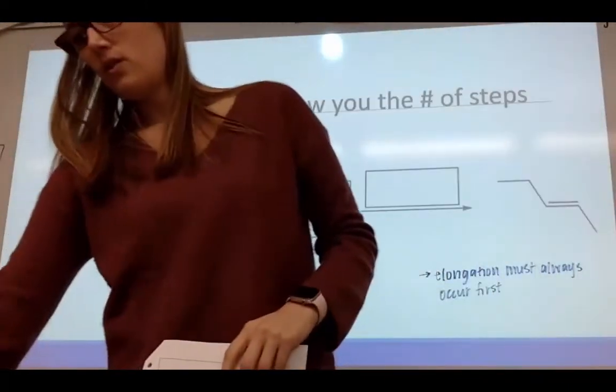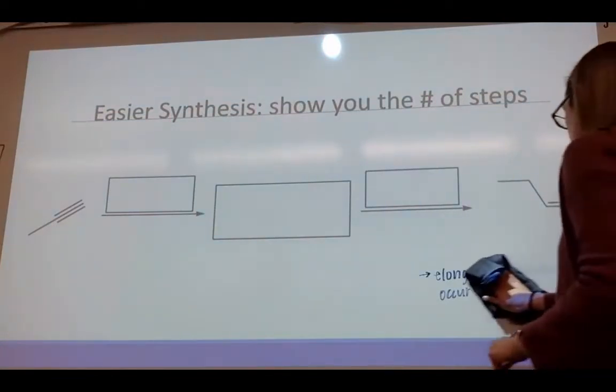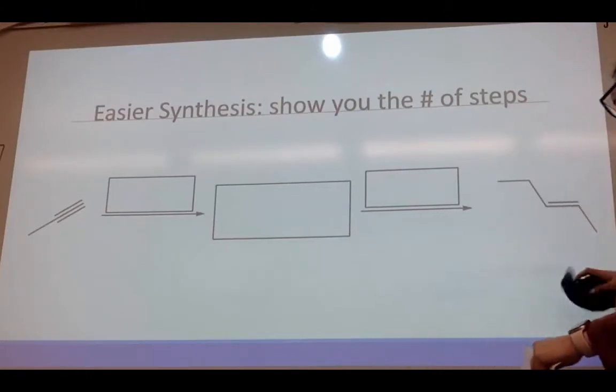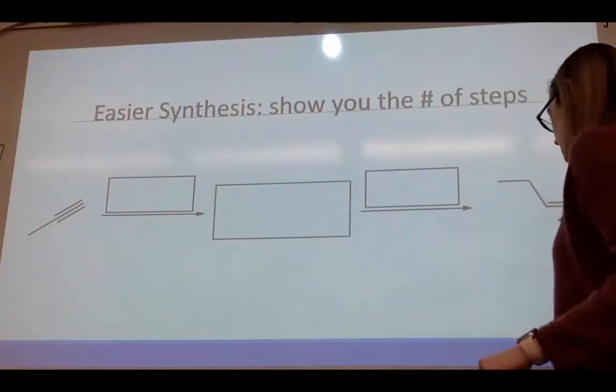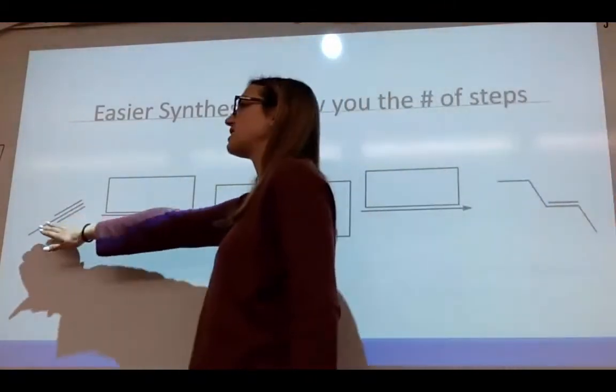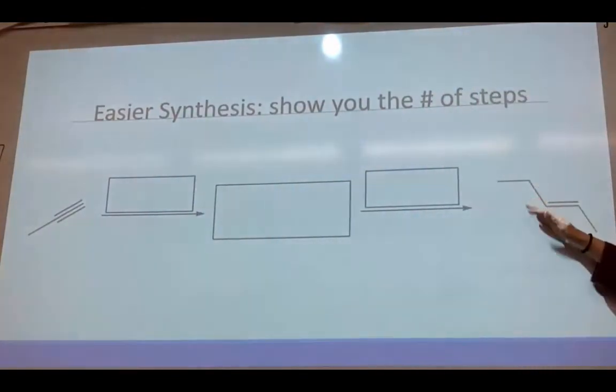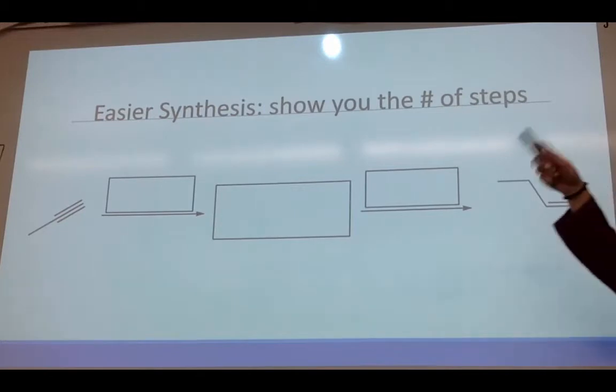And so we'll take a look at these, quote, easier synthesis problems. These show us the number of steps. So for this first example, we have 2 steps. Step 1 gets us this intermediate. Step 2 gets us this product. Now, before you worry about the reactants, what we form, always start by going through those steps.